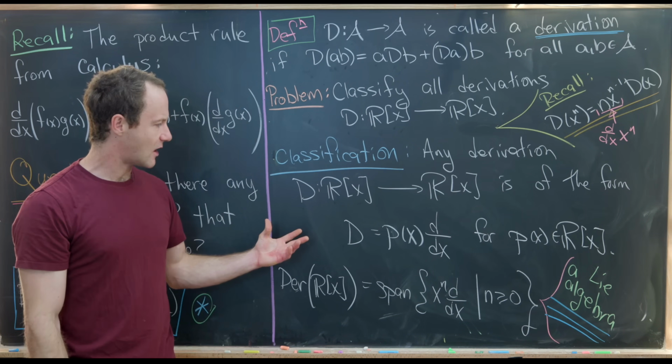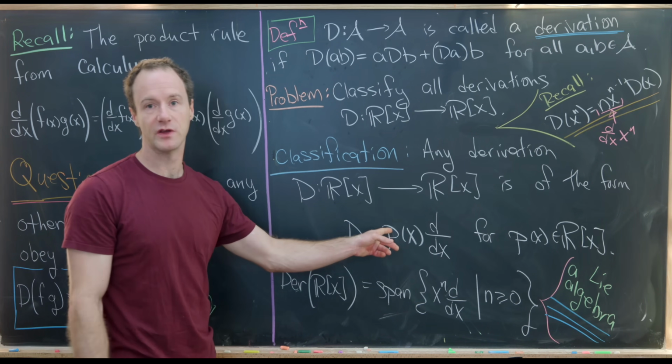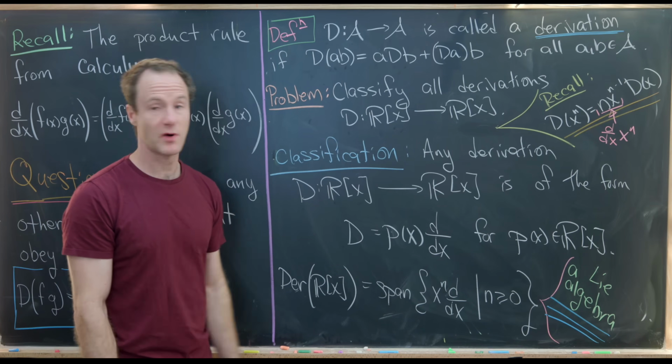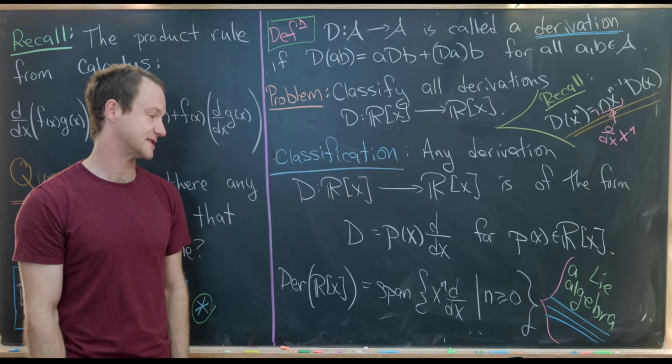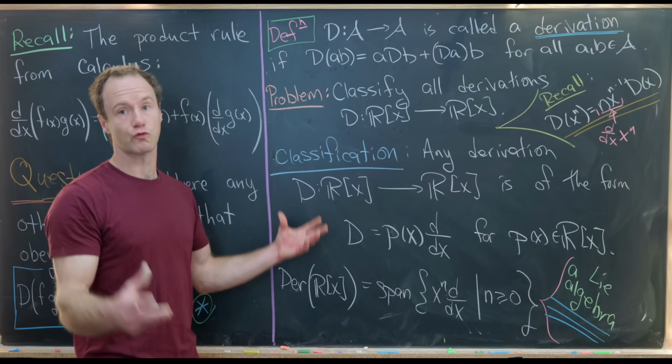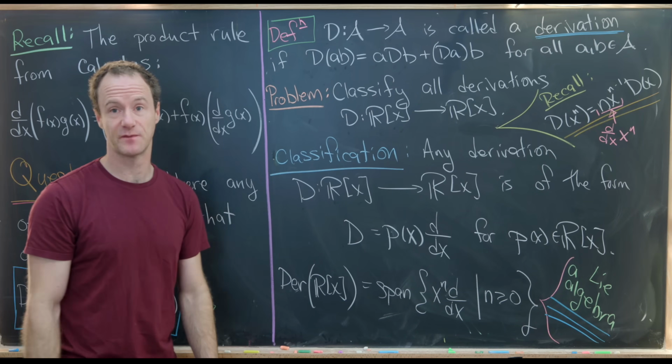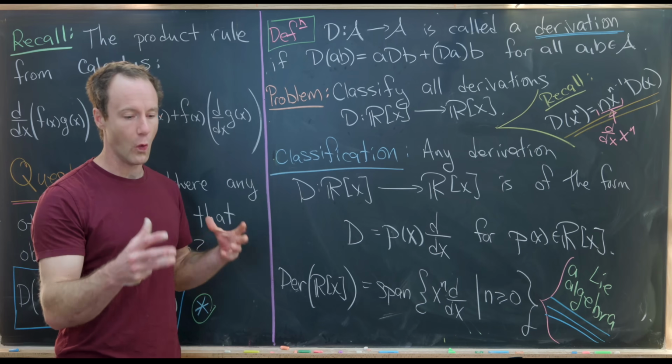Now, I want to point out that that means that we have a choice of any polynomial here, but the space of all polynomials has a standard basis, and that would be x to the n. That means we can wrap all of the derivations on this space of polynomials into one object.